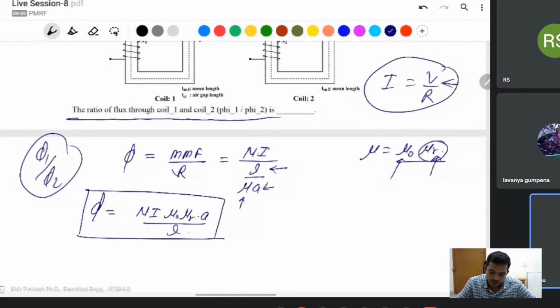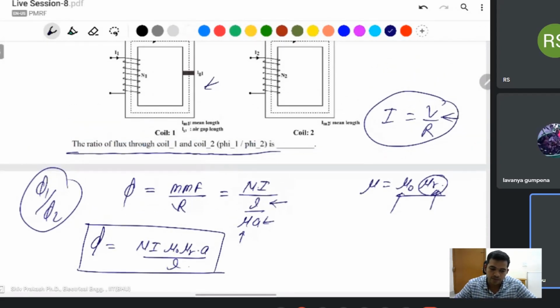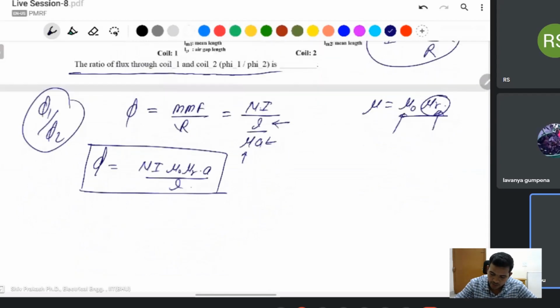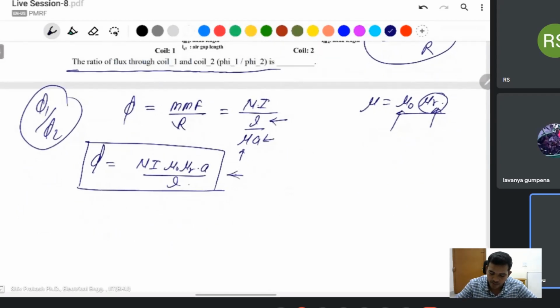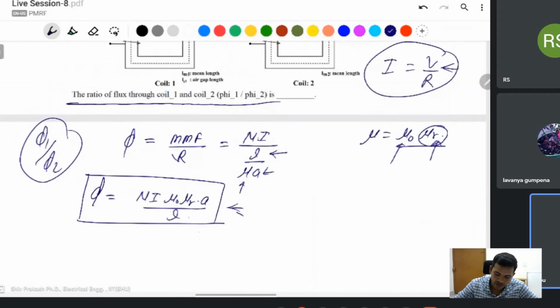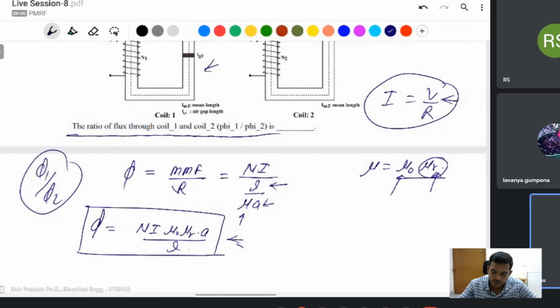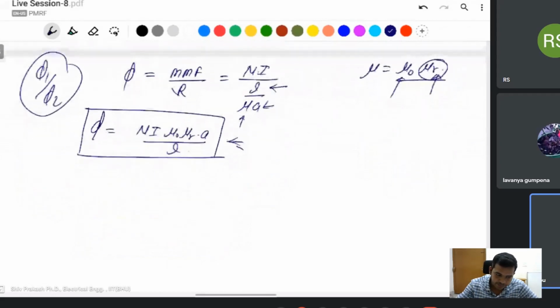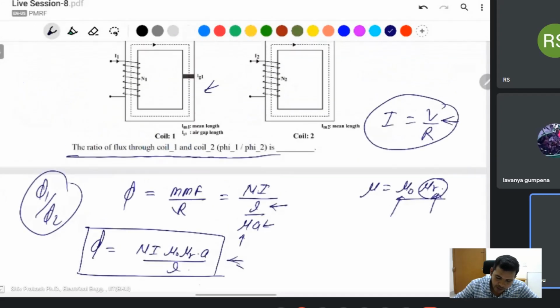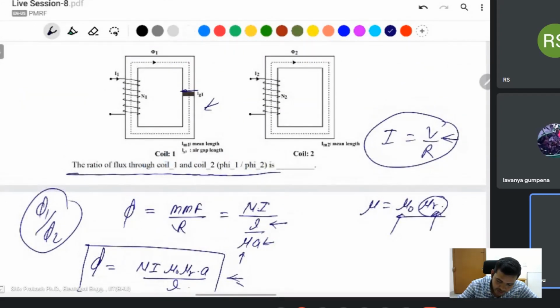But here an air gap is provided, so this is different. When an air gap is not provided, phi is calculated by this formula, as for the second coil. But the first coil has two conditions, with the air gap and without the air gap. For the air gap, you can write it as a series of air gap reluctance.